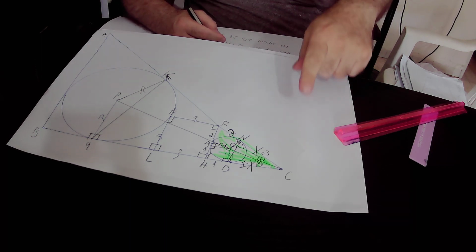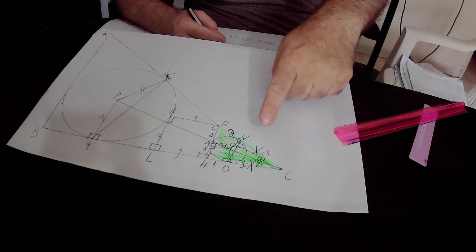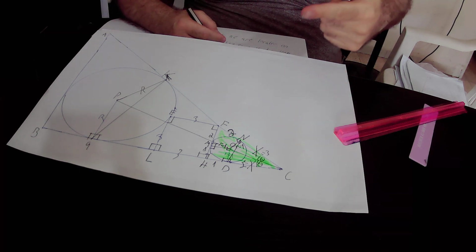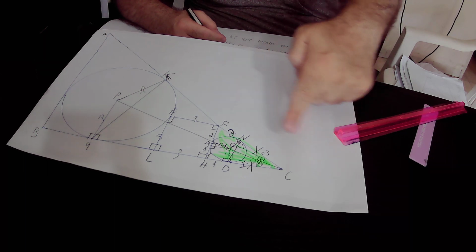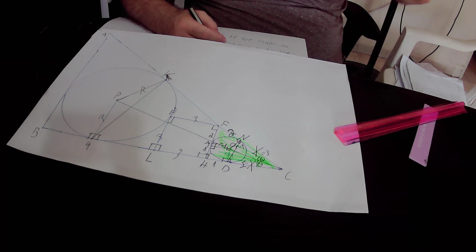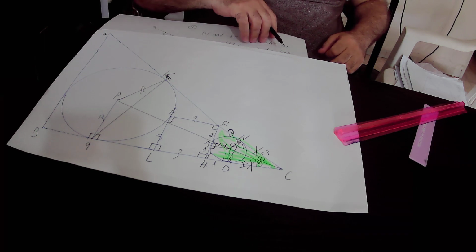But according to our assumption, CO doesn't pass through point P. Therefore, CO and CP are located on different straight lines.